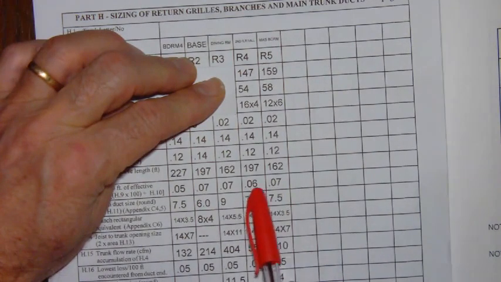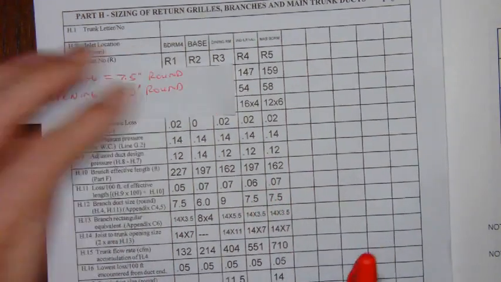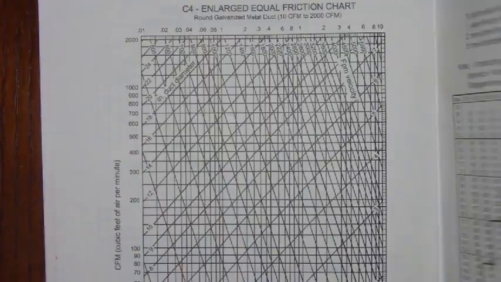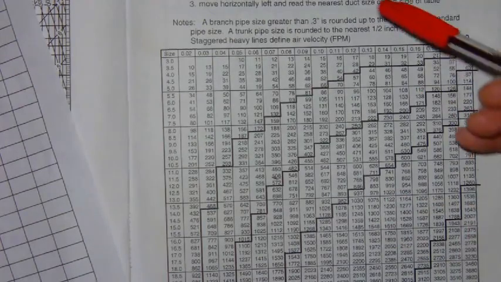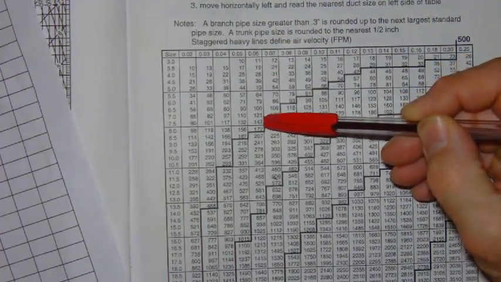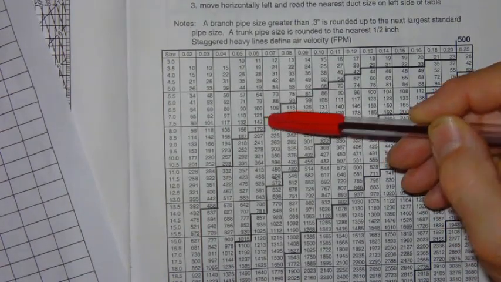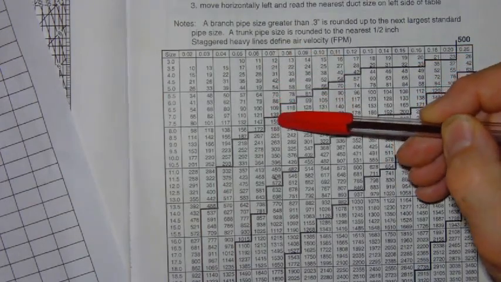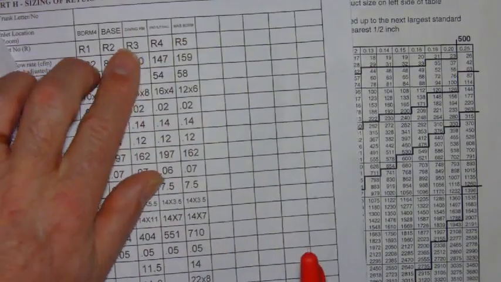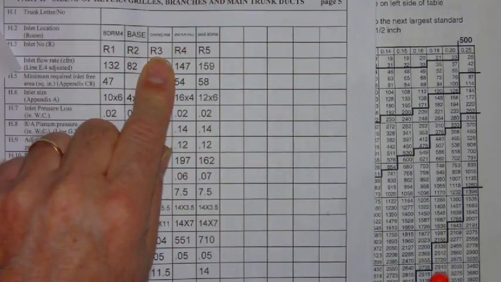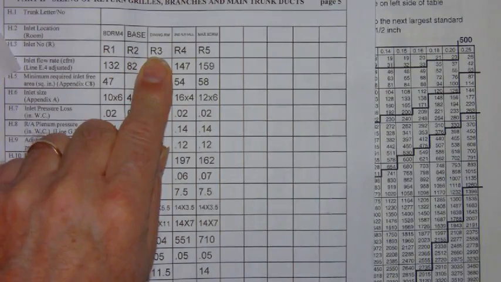We've calculated our effective loss here, and so when we enter table C5, we can find that at 0.06 and 7.5 we can return 147 CFM, and for R5 we've got 0.07 and 7.5, we can return 159 CFM. So that leaves us with 147 CFM for R4 and 159 CFM for R5.